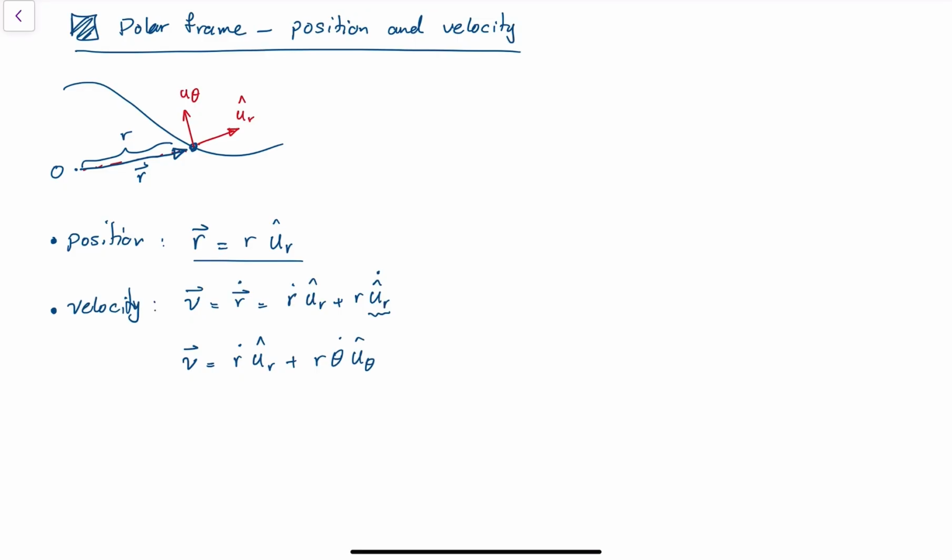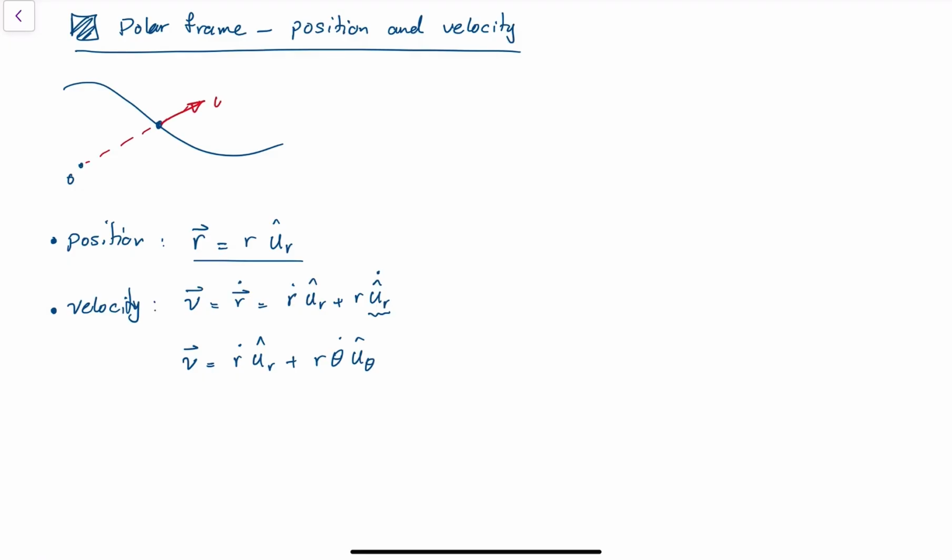Feel free to follow the derivation in the textbook. I'm not going to do it here. Actually, my figure doesn't look the best. Let me quickly clean up, make it slightly better so you see. Let's call this the origin. Let's call the particle here.